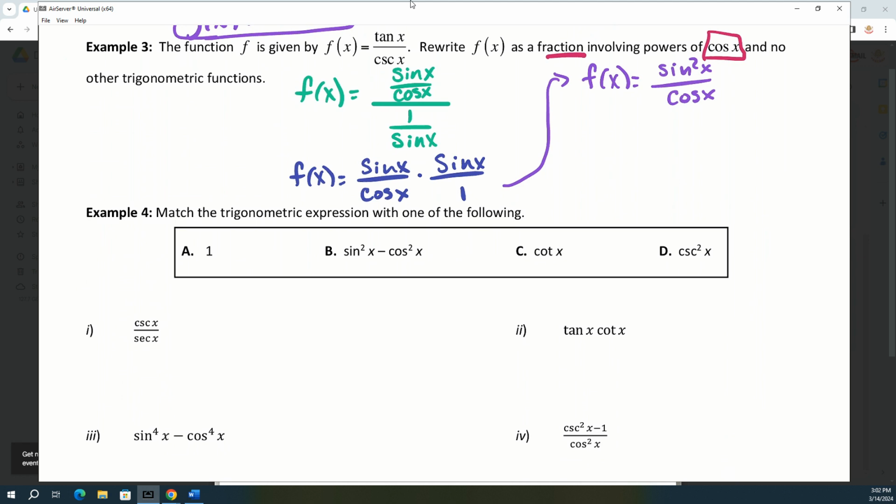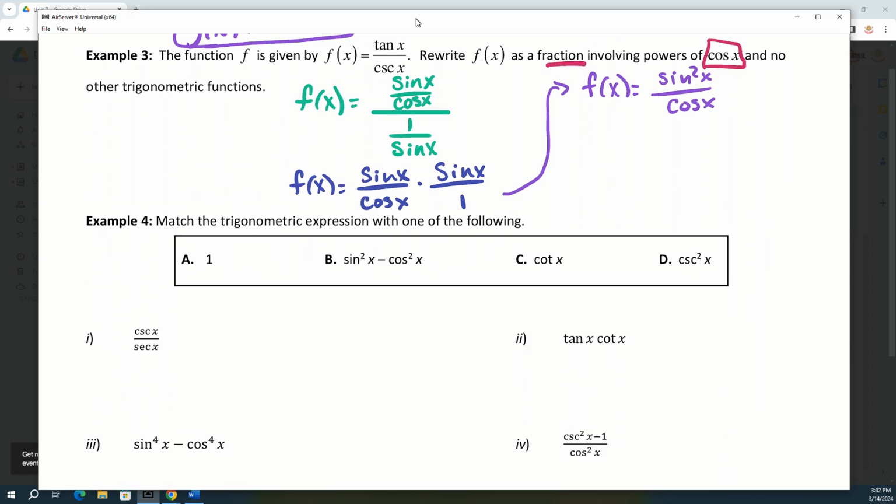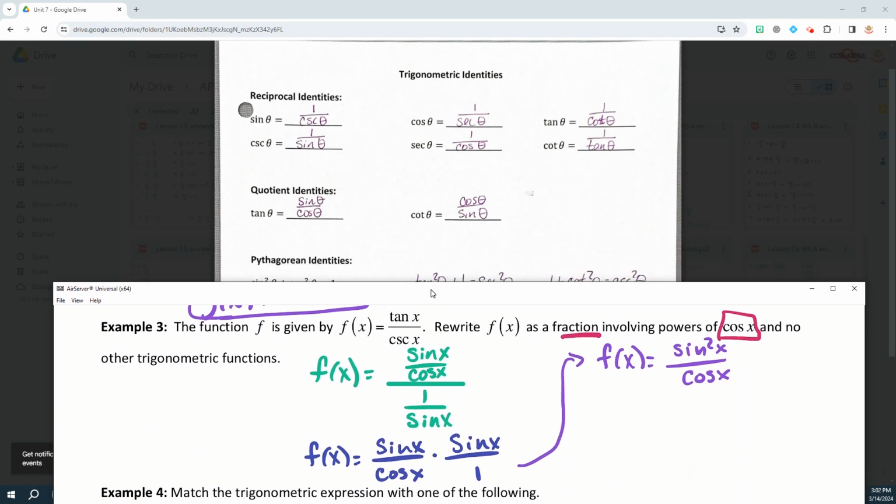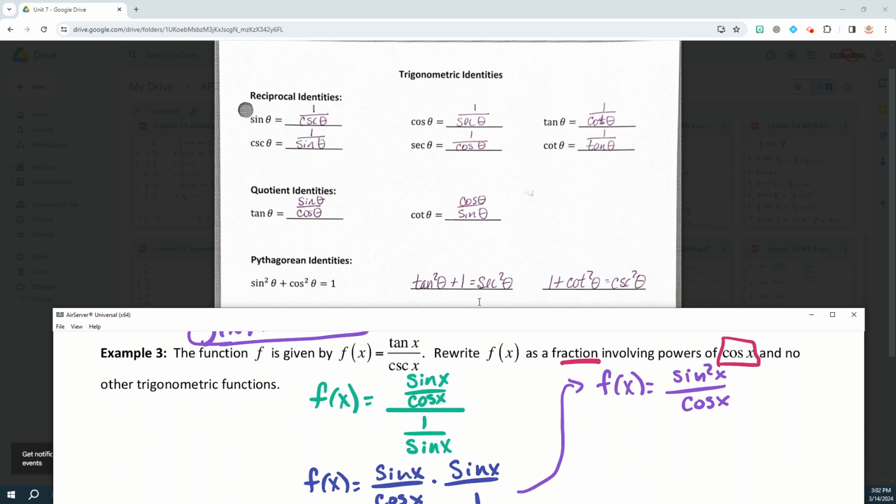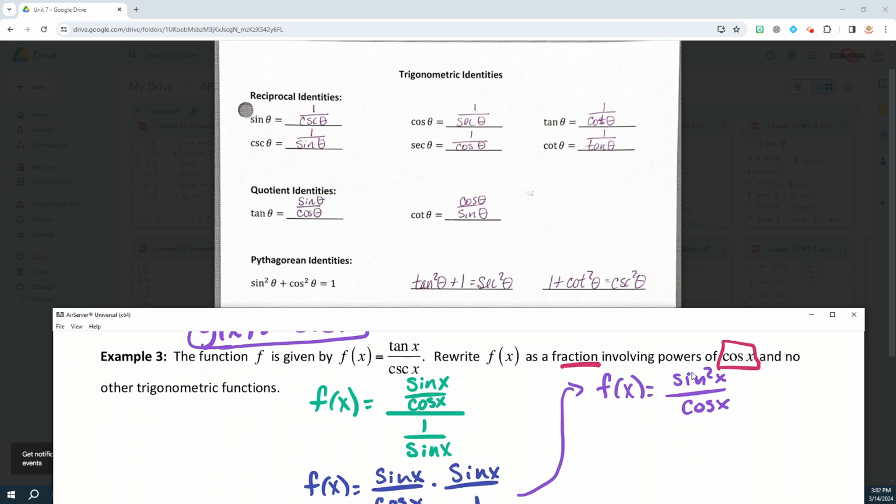Now that really hasn't made it look any better than the original one, and we definitely haven't finished because we have sine and cosine of x, and we want to only end up with cosine of x. So let's look at our identities. We need to find an identity that we can use to rewrite sine squared and turn it into a cosine or a cosine squared, or it could be multiple things with the cosine, but we need to get rid of sine and make it cosine.